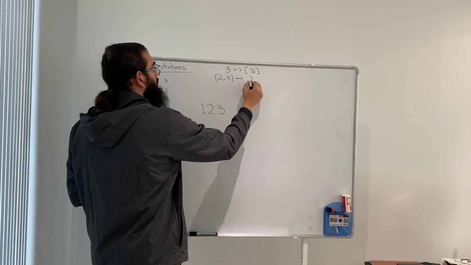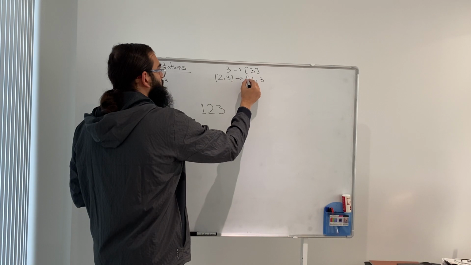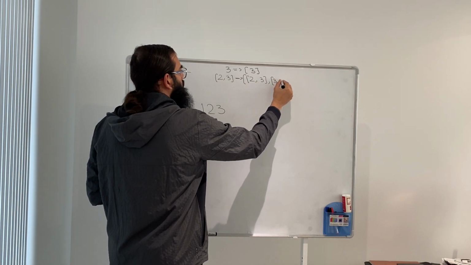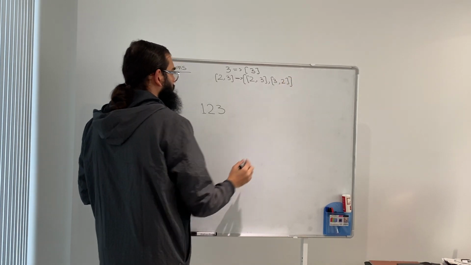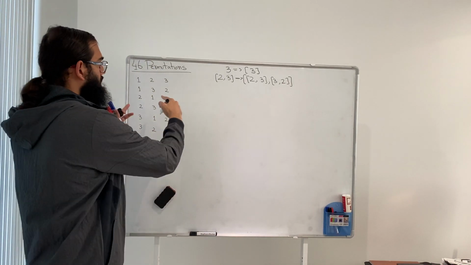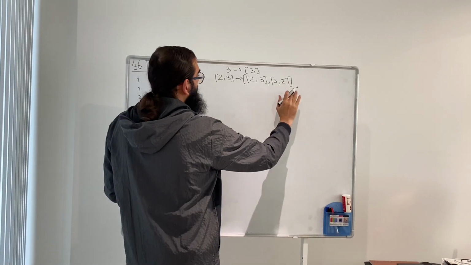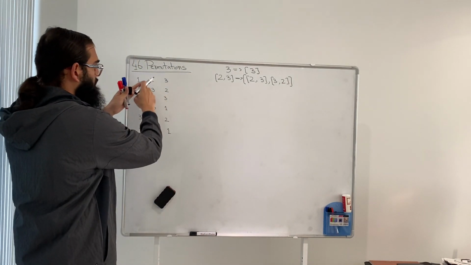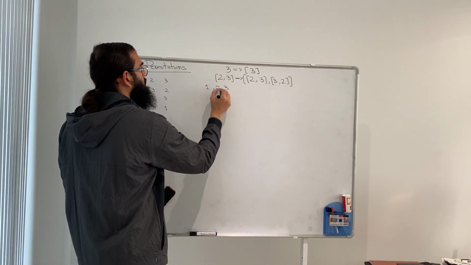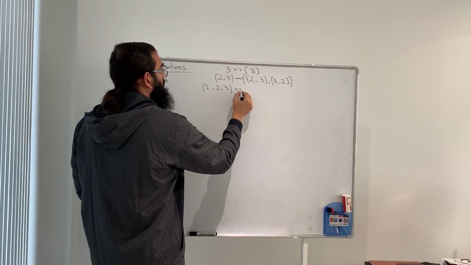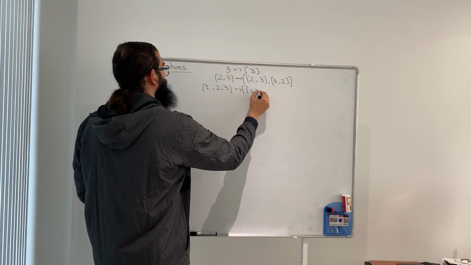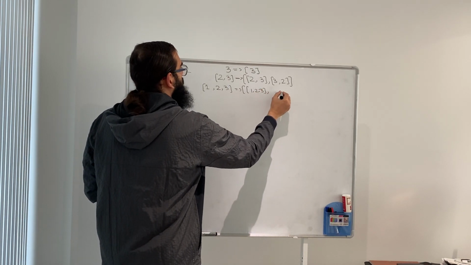We know it's 2, 3 and 3, 2. I could take one more example, but I will not write it in full. You can understand from here. And for 1 2 3, this is our input. Now our output will start from 1 2 3 and go on until 6 permutations.